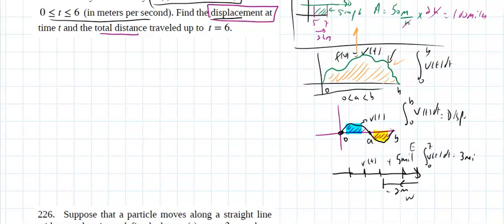Meaning, the integral will say, well, look, you started right there, and with reference to where you started, you are only 3 miles away.